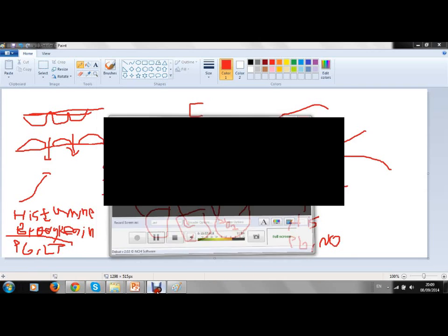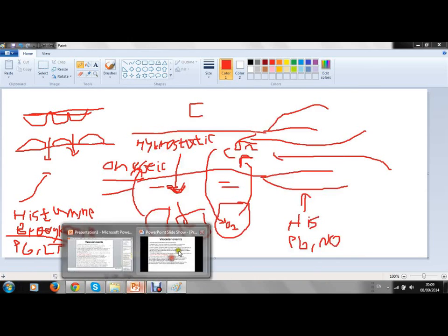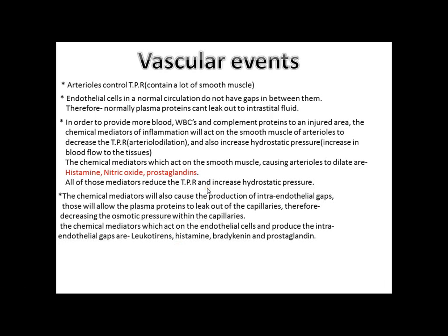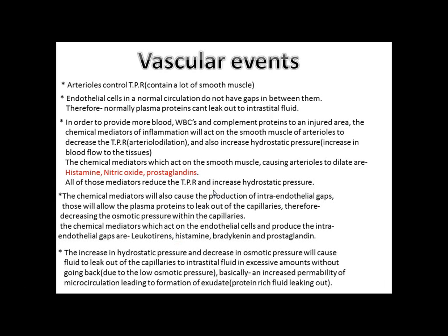So yeah. And the increase in hydrostatic pressure and decrease in osmotic pressure will cause the fluid to leak out of the capillaries to interstitial fluid in excessive amounts without going back due to the low osmotic pressure. Basically an increased permeability of microcirculation, leading to formation of exudate, protein-rich fluid.